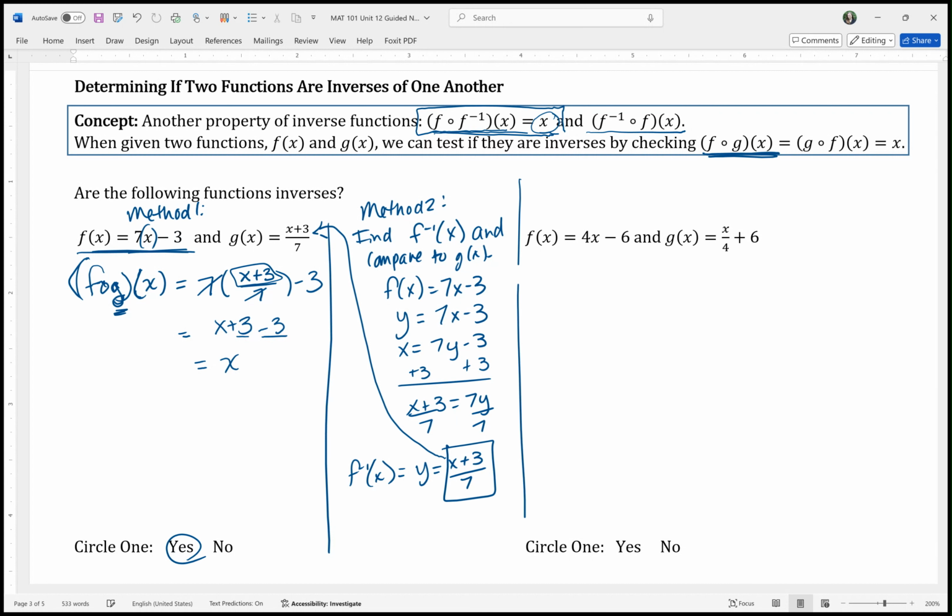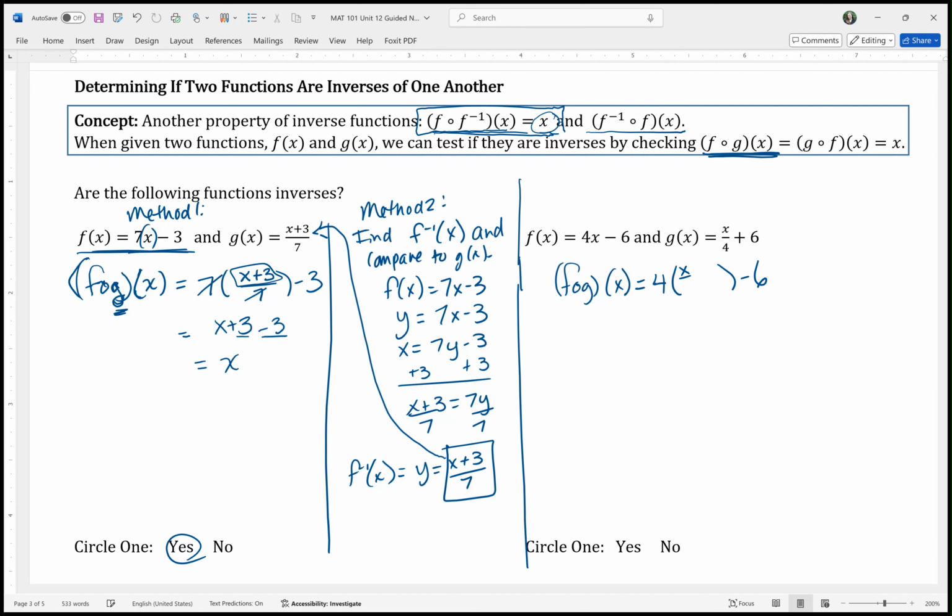Let's do an example here with these other ones. So f of x is 4x minus 6 and g of x is x over 4 plus 6. We're going to do f of g of x. Okay, so starting off with f, we have 4 parentheses minus 6. What's going in that parentheses?